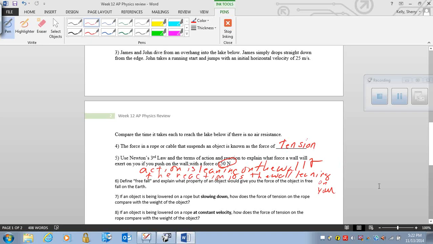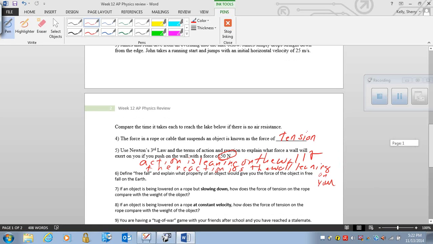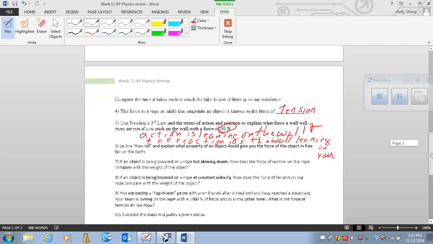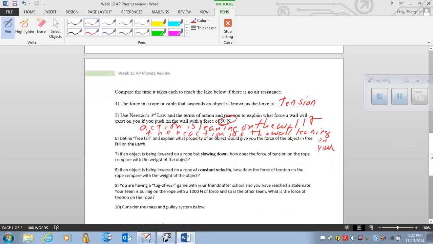Okay, define free fall and what property would give you the force of an object in free fall. Well, free fall is just falling under the force of gravity only. So that means no air resistance specifically.